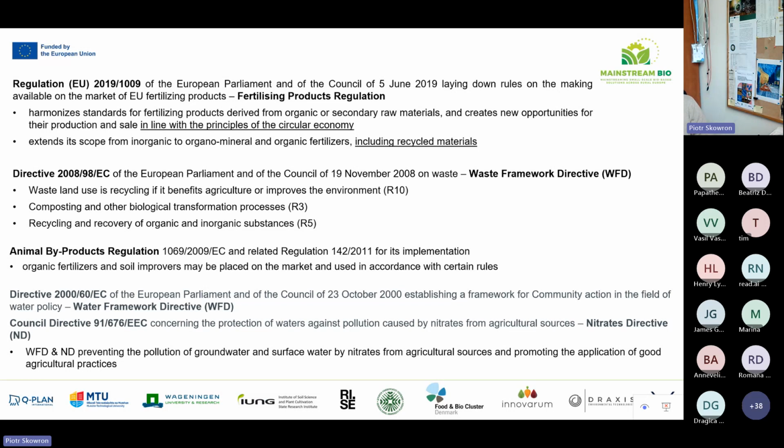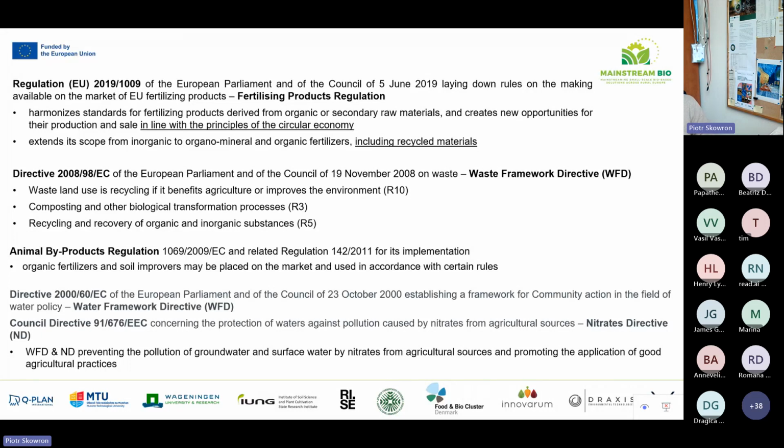We can find some elements in the Waste Framework Directive. For example, in Annex 2 to the Waste Framework Directive, we can find some processes which we use in nutrient recycling practices. In the Animal By-Products Regulation, we can find that organic fertilizers could be produced from animal byproducts and placed on the market.